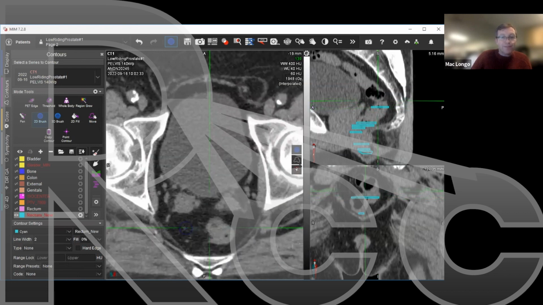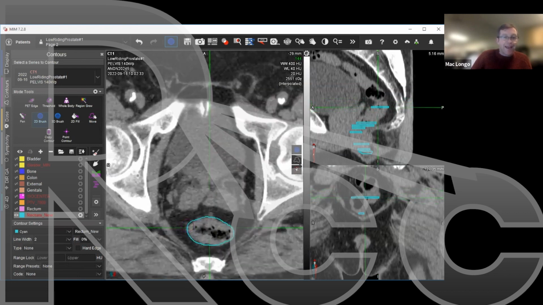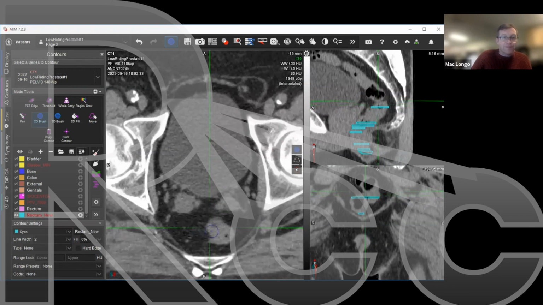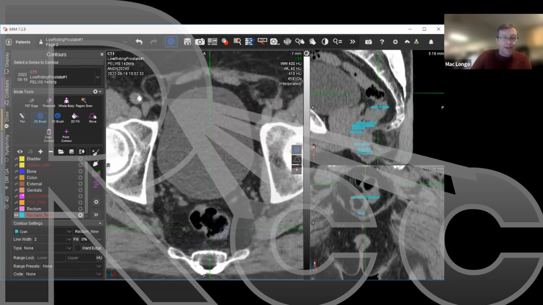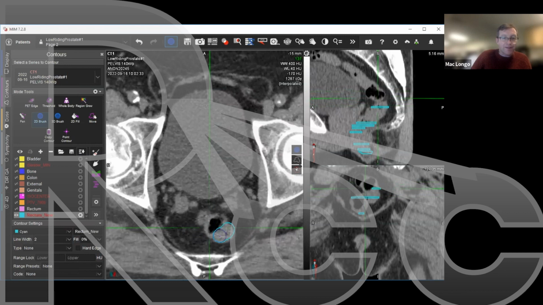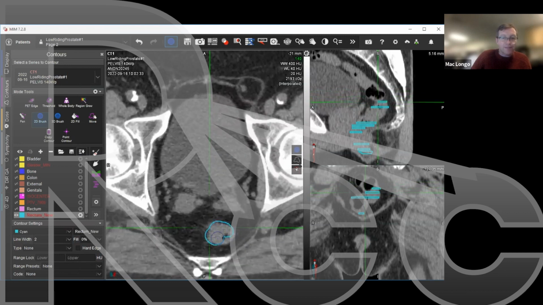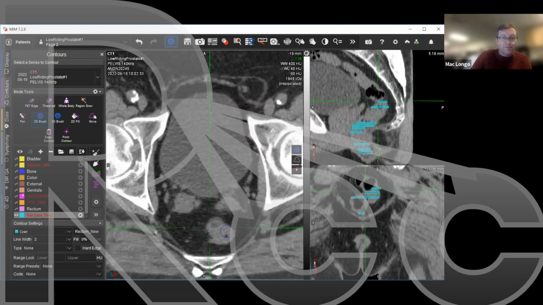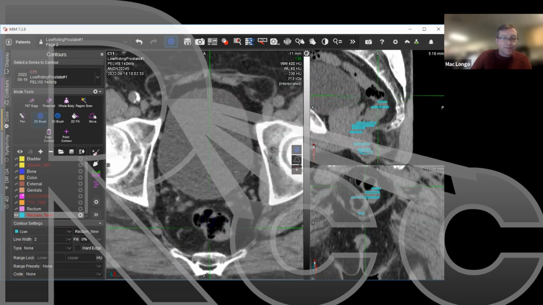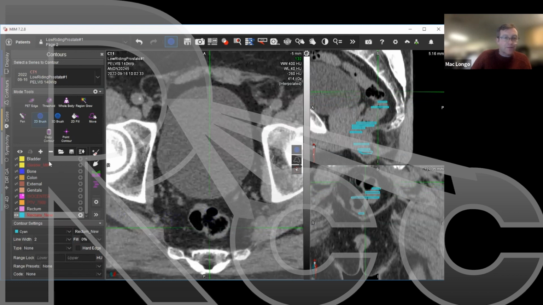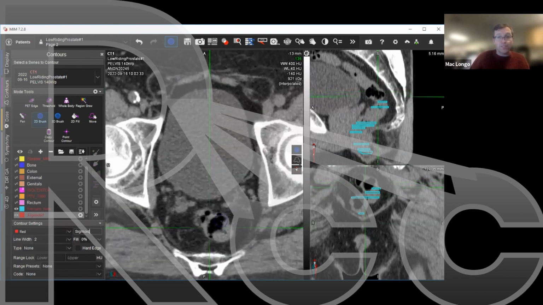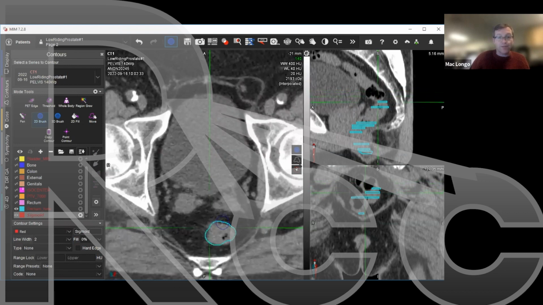I will tell you that in my clinical practice, I follow the rectum until it clearly moves anterior. I would call this little area of tissue rectum, until it clearly moves forward into the sigmoid right here, because I would call this sigmoid. The conservative thing to do is to use the RTOG definition, which would stop the rectum right here.